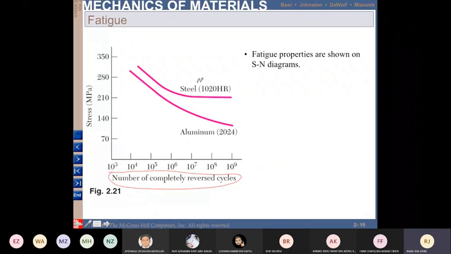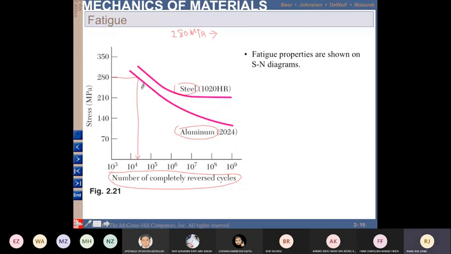Okay, if you do the test, you will get a graph like this. For example, this one is steel, this one is aluminium. If the chair that you make was produced using aluminium, and you give load at 280 MPa, the number of cycles that it can last is here.